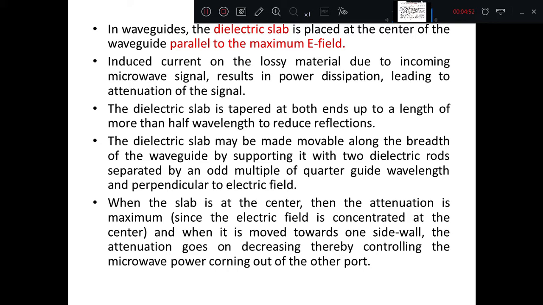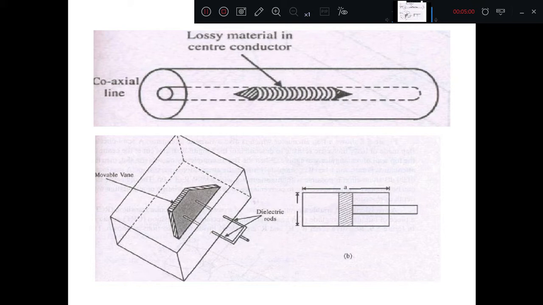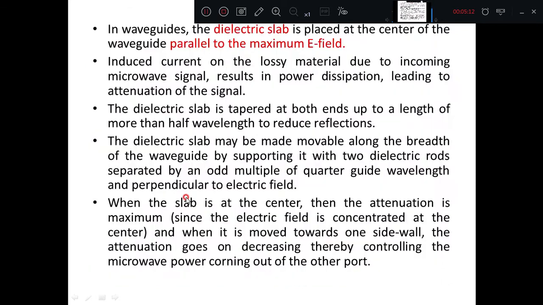Now it is not parallel to the electric field, it is perpendicular to the electric field. So here the pair of dielectric rods used for support are perpendicular to the E field.